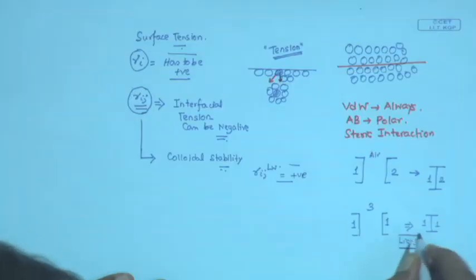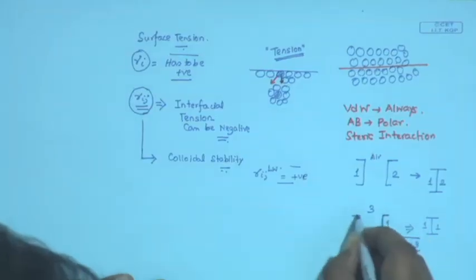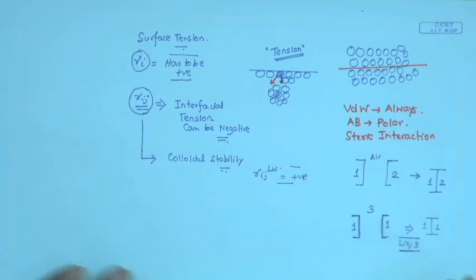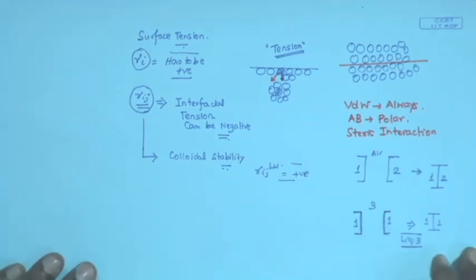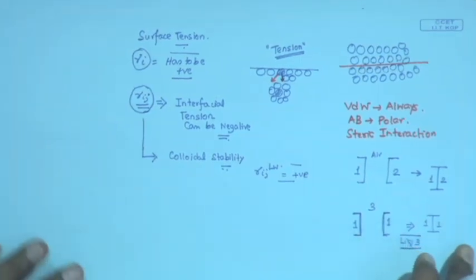So, you cannot have a stable colloid of apolar particles in an apolar liquid, and what is going to cause the problem is the van der Waals component of interfacial tension.